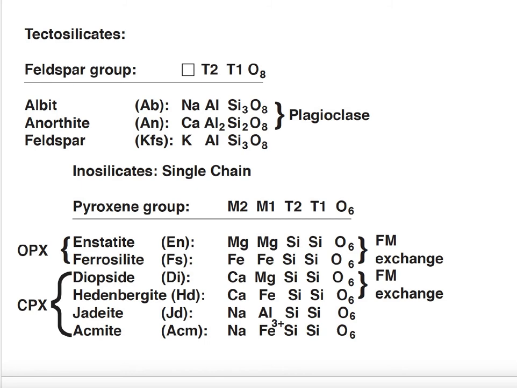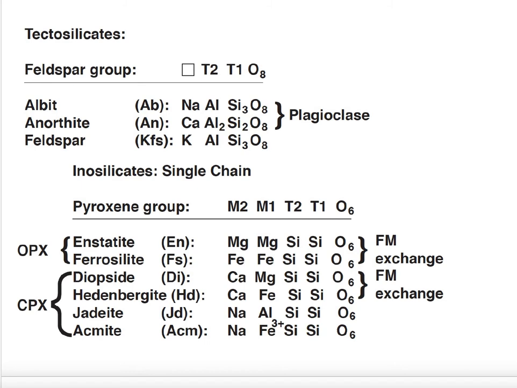So that means when we have iron 3+ there, then the acmite is also formed in a very oxidized milieu, yeah? Then we have sodium iron 3+ Si2O6.